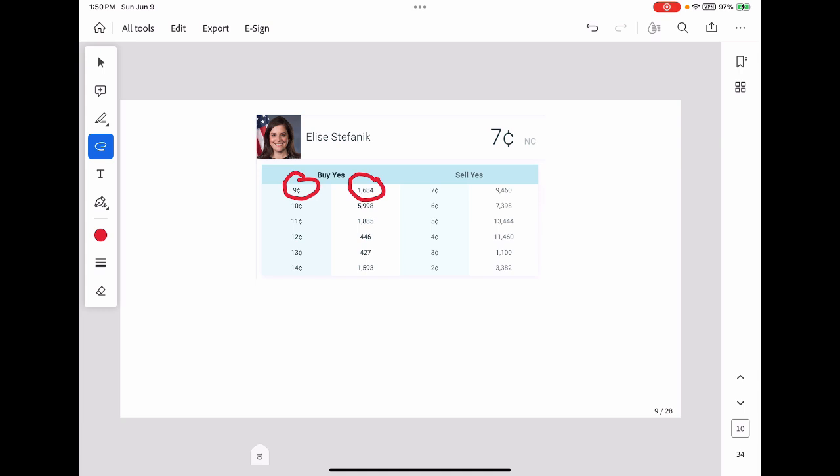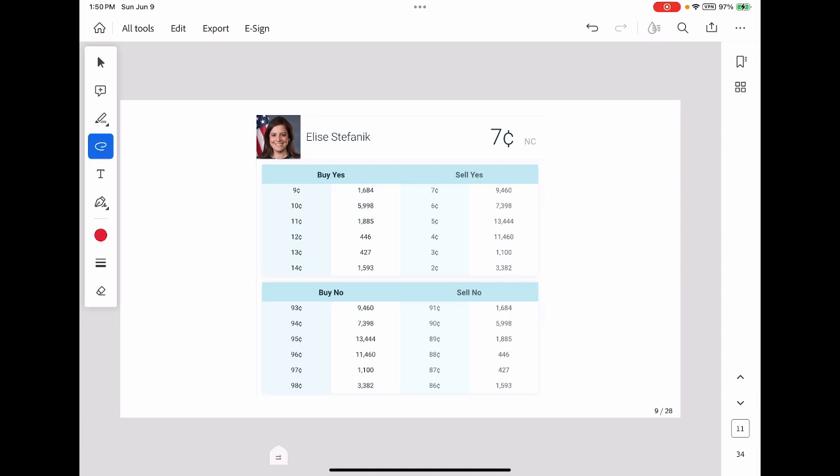Where does this come from? This actually comes from people who have placed orders to buy the contract that pays off if she's not selected. So there's 1,684 contracts that have been placed by people already and that are waiting for counterparties to trade, where the person is promising to pay 91 cents for a contract that will pay off if she's not selected.